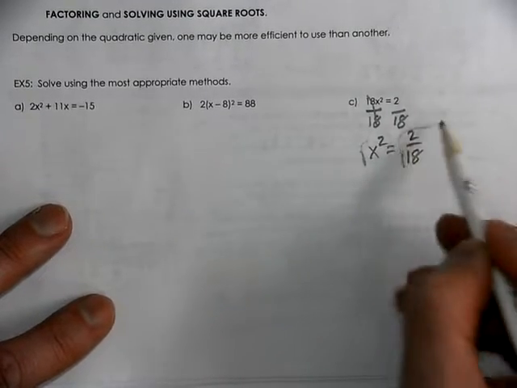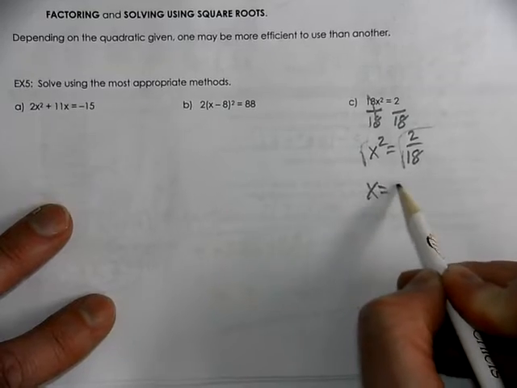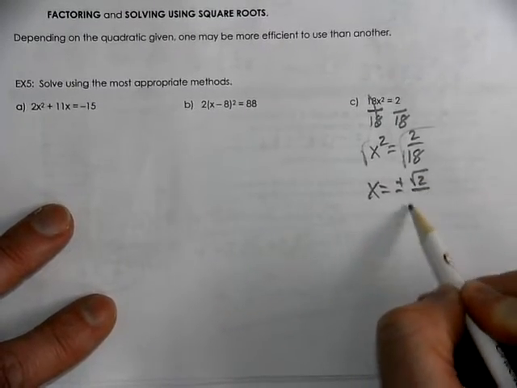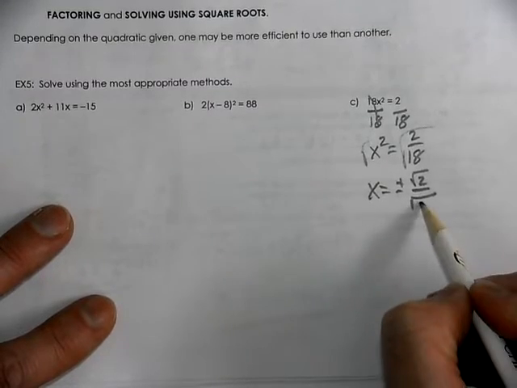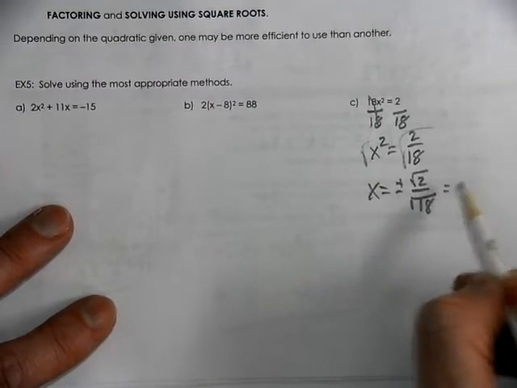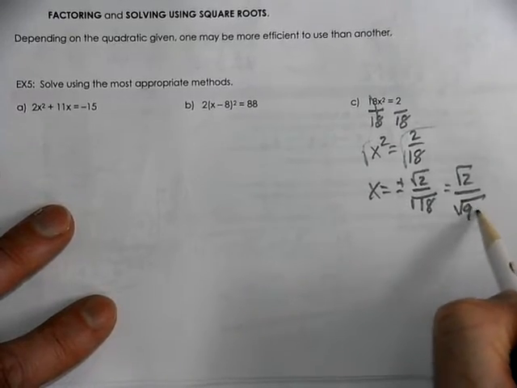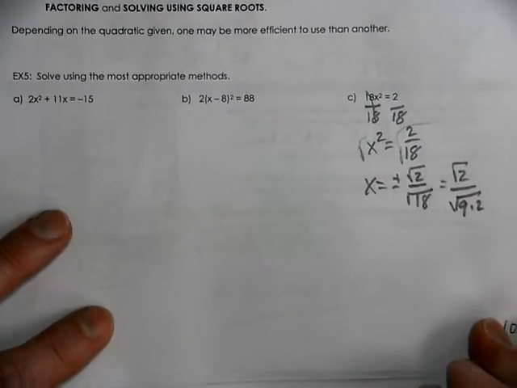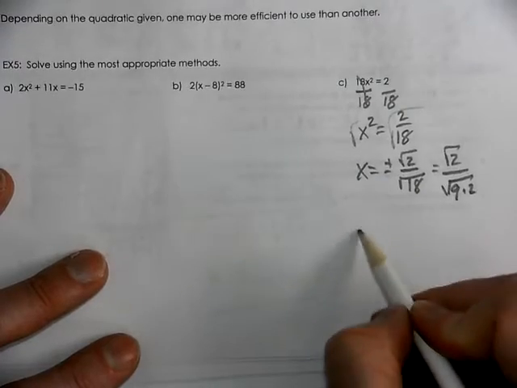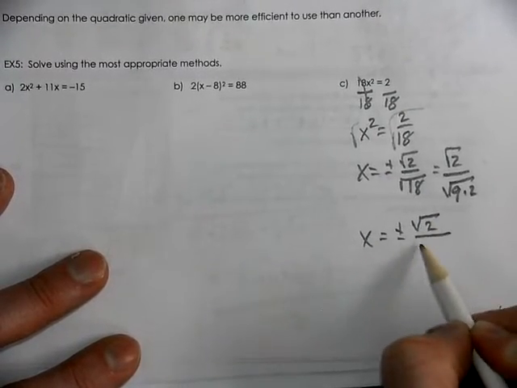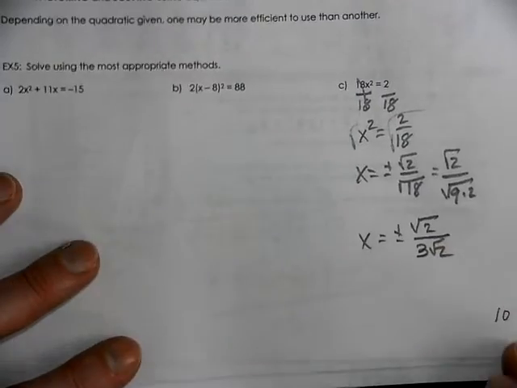So now I'm going to take the square root of both sides, and I get plus or minus square root of 2 over the square root of 18. The square root of 18 is 9 times 2. So I'm really going to have plus or minus root 2 over 3 root 2.